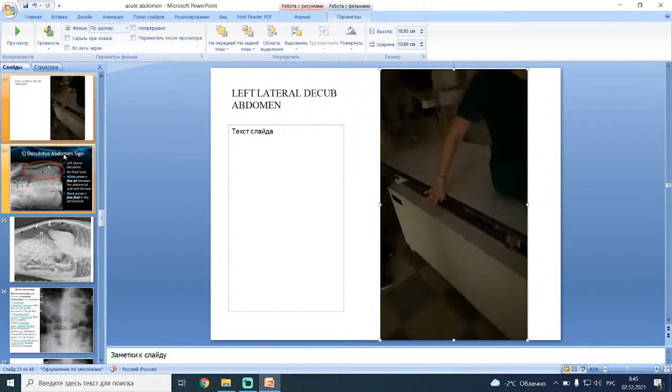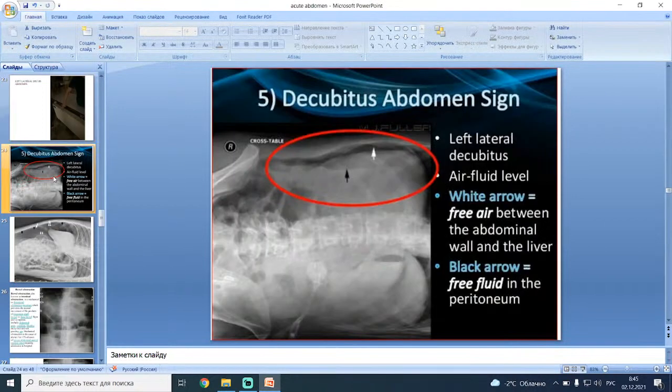Now I cannot turn on this method, and now I explain on this slide.